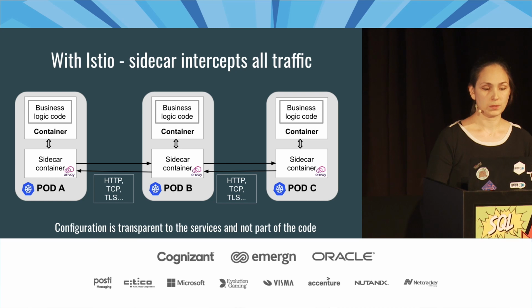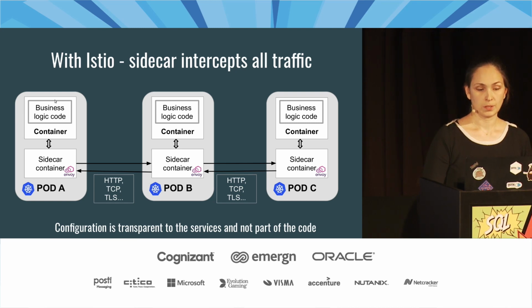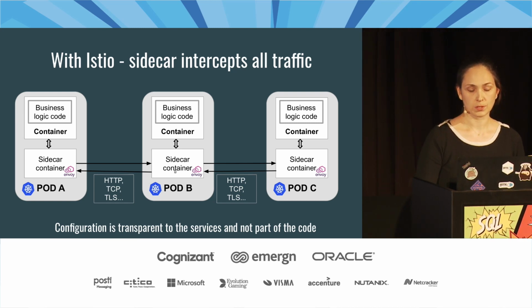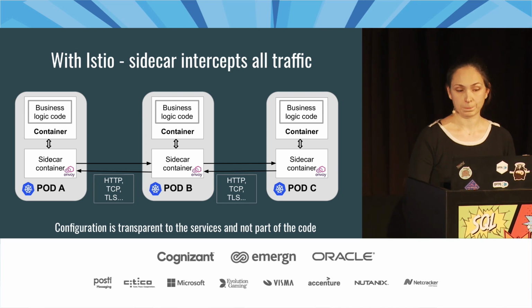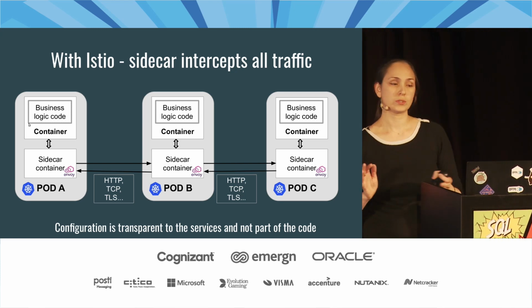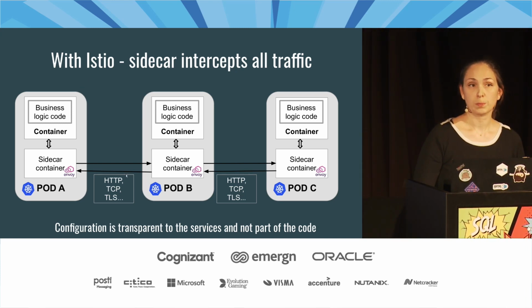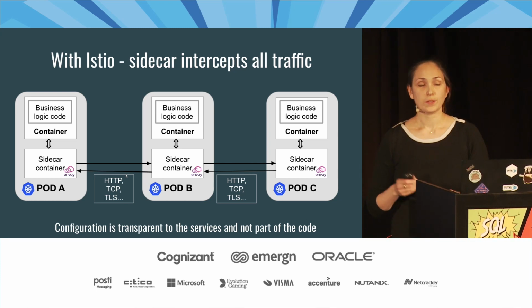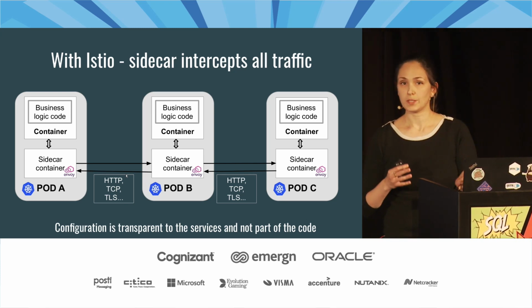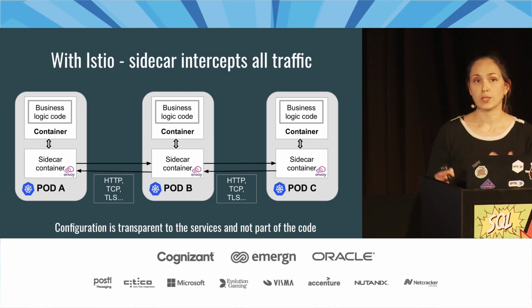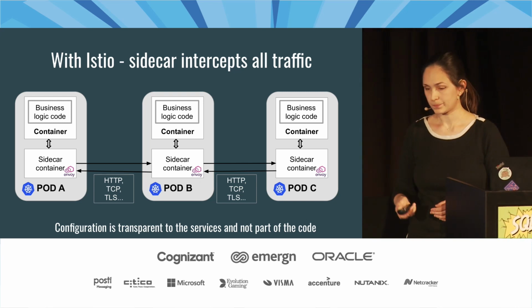So if this part is going to call this part, it will go through the sidecar to this sidecar and vice versa. And the business logic code is completely unaware of where the call is going, as long as it's arriving properly at its destination. Several protocols are supported for that, and the routing configuration is external, and it can be changed at any time in a dynamic way.